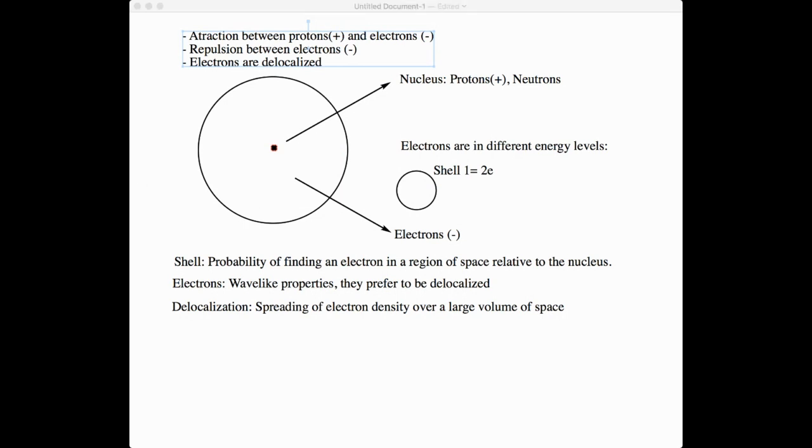Okay. So in each shell, they are going to have a different quantum number, and each shell will contain a different number of electrons. Okay. So the maximum number of electrons that a shell can have is equal to 2n squared.